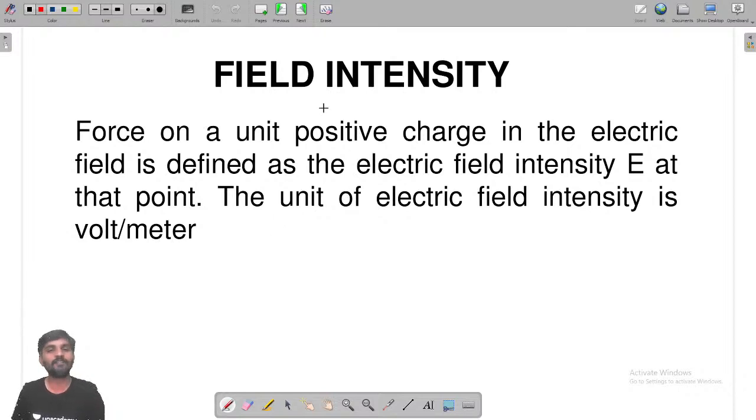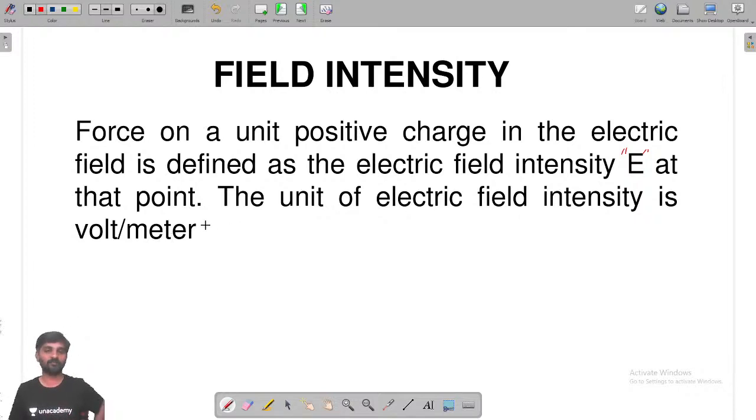So what is field intensity? Force on a unit positive charge in the electric field is defined as the electric field intensity, E, at that point. The unit of electric field intensity is volt per meter.